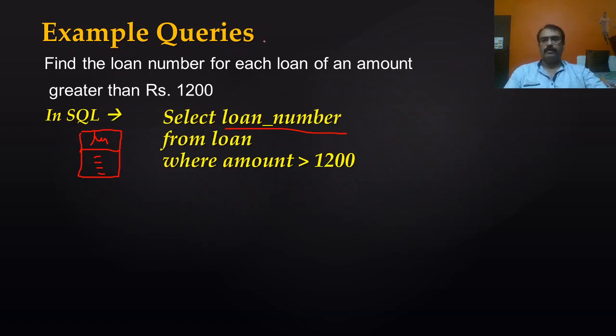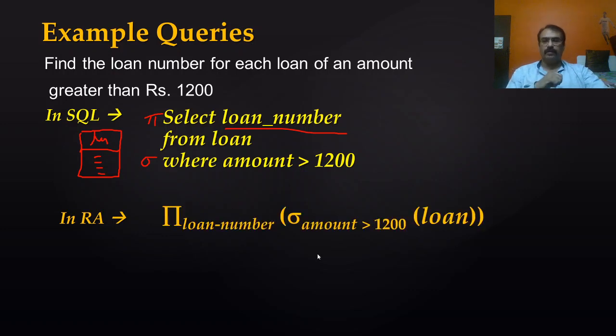So now it is becoming very simple. Pi loan number, sigma amount greater than 1200, on loan. So in RA, the equivalent will be in this way. See here, this condition is put as a subscript for sigma, which is equivalent to where.